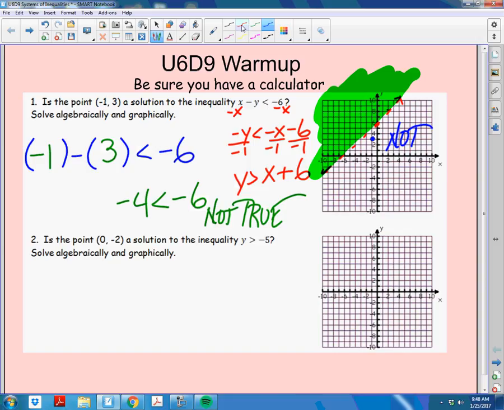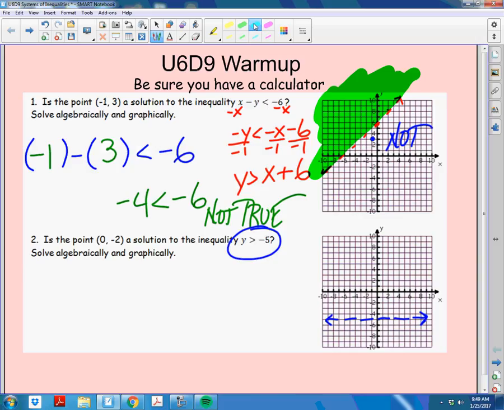How do we graph this inequality? Perfect. It is a horizontal line at -5. Is it solid or is it dashed? It is dashed. This is your inequality. Where do we shade it? Above. Some of you missed that on the test where it gave you x is greater than -3 or something, and you shaded the wrong side.